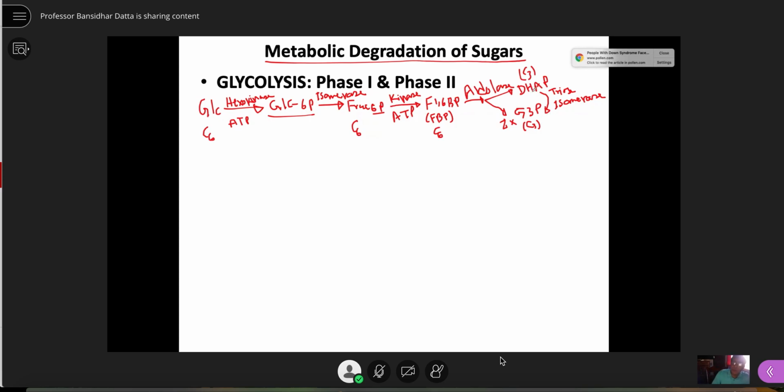Initially you had one molecule of glyceraldehyde 3-phosphate, G3P, and one of dihydroxyacetone phosphate, which triose isomerase converts to glyceraldehyde 3-phosphate. So basically, one molecule of glucose generates two molecules of glyceraldehyde 3-phosphate. This is the end of phase 1 glycolysis.